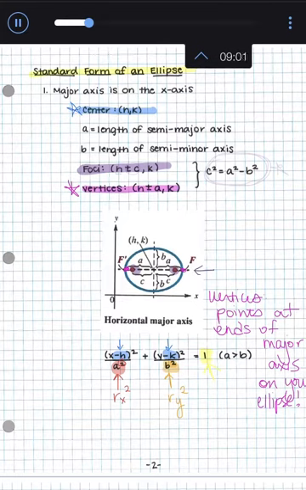Right here, the major axis, our longest axis on this one, is the x-axis, your left and right. So you'll take your center value and the y value will stay the same, but your x value will add and subtract a value c. How do you find c? Well, for ellipses, this will not change. It'll be that c squared equals a squared minus b squared.